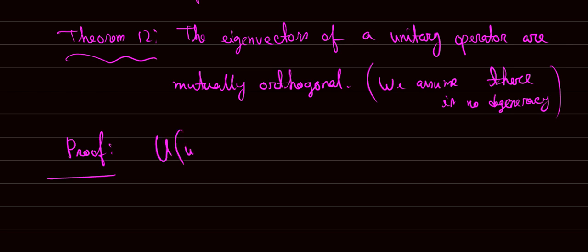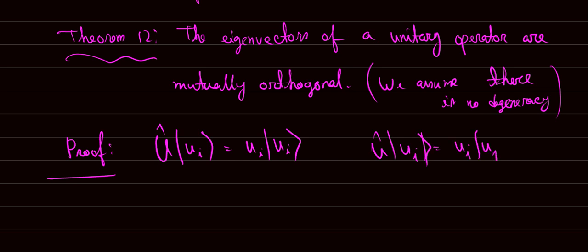Let's take the unitary operator like this acting on any eigenvector like this, and the same unitary operator acting on u_j ket gives us this.